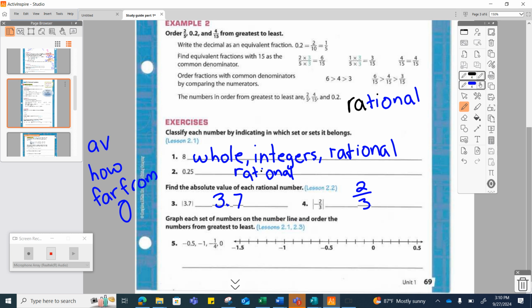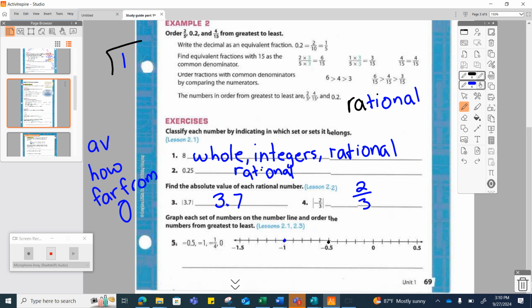So -0.5 is right here. -1 is right here. Okay? -1/4. Hopefully I know that that's -0.25, but if I don't know that, I have to do this. 4 goes into 10 2 times. 2 times 4 is 8, right?